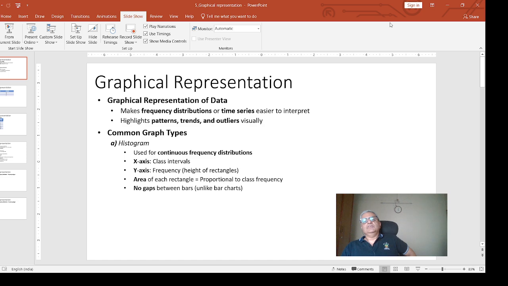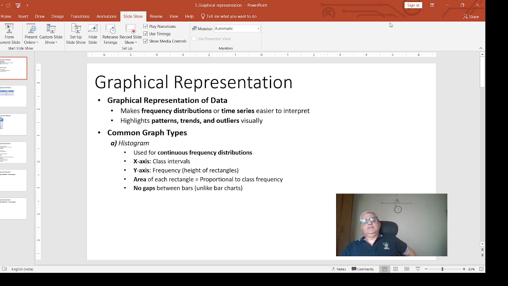Something which comes in front of you as a graph, visually you pick up the trends, the patterns, and you immediately pick up the outliers as well. With numbers it's very difficult to pick up outliers, but in a graph, outliers, patterns and trends get featured and understood so easily.